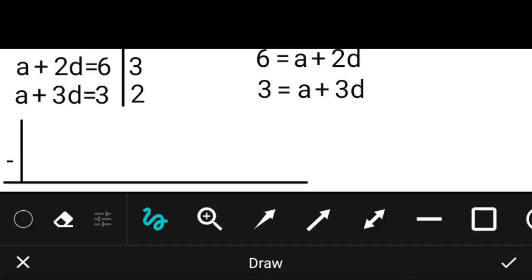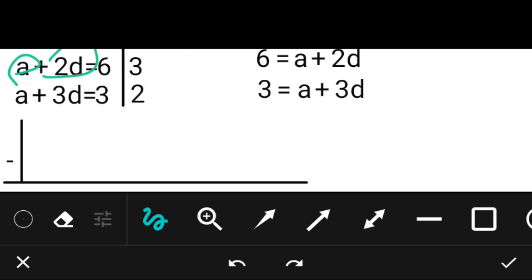You say these 3 on top, on your right hand side of that simultaneous equation, will multiply the a there, then it will also multiply the 2d there, then it will equally multiply the 6 there.